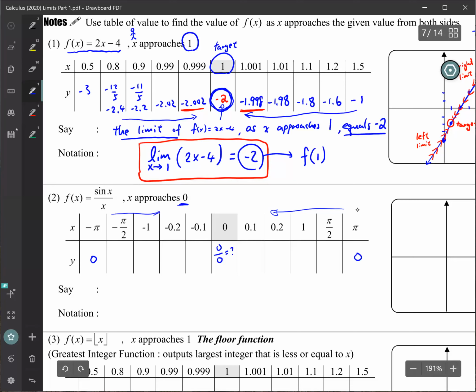The other side is also 0. Remember to raise your hand if you got all the values.